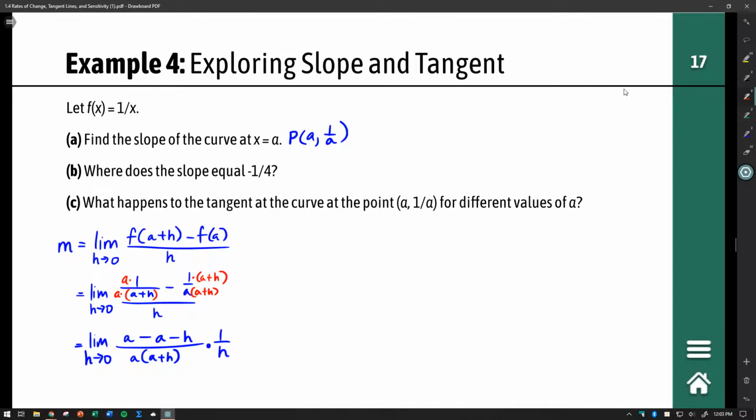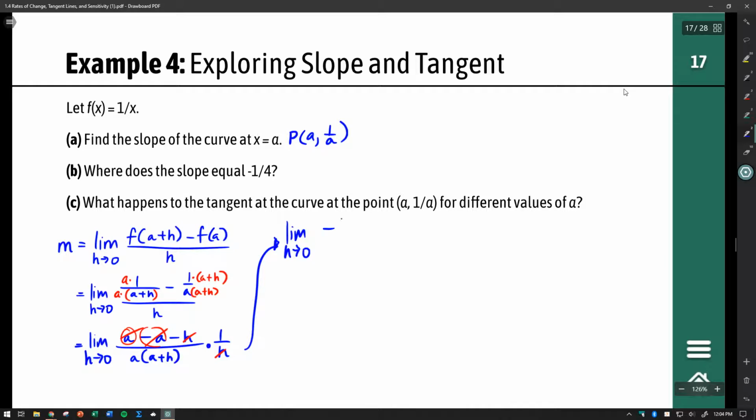What's happening now? Well, we have a minus a in the numerator, and that goes to 0. That leaves us with negative h on top and an h as a factor on bottom. So that negative h and this h can cancel to leave us with a negative 1. And so that takes us to our next step, which is the limit as h goes to 0.